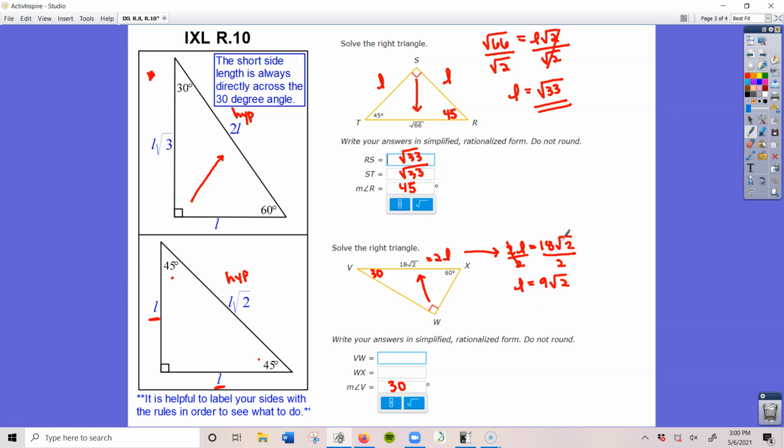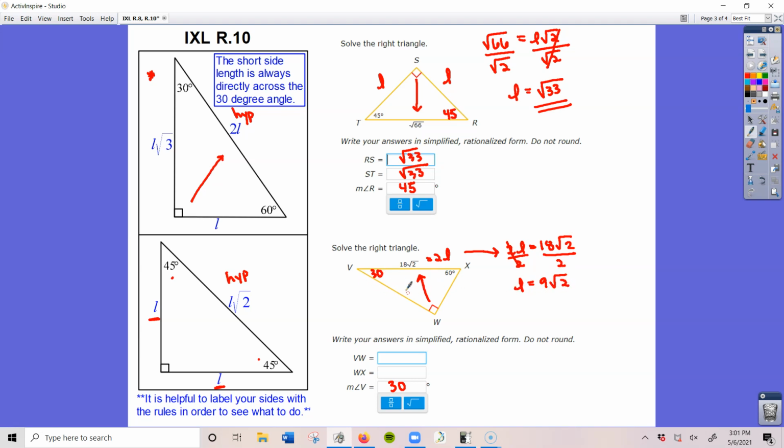When you're dividing something like this, where you have a number outside of the radical and a number inside of the radical, you can only divide or multiply, whatever the case may be, radical with radical and outside number with outside number. Since this 2 is not inside of a radical, that means that I would divide the 18, which is also not inside the radical, by the 2. And then we just leave the radical 2 alone. So this is what I get for L.